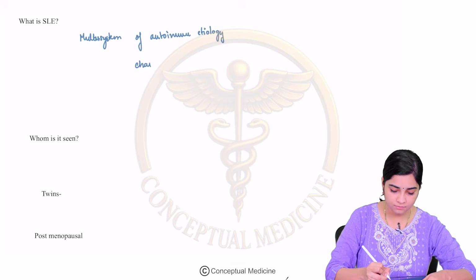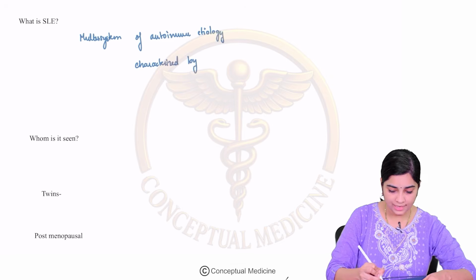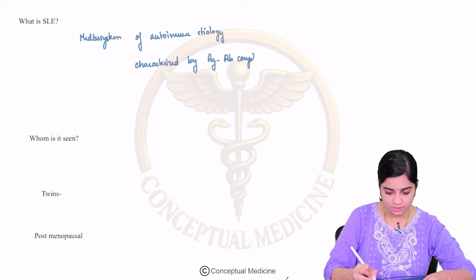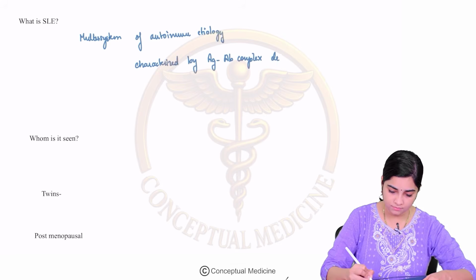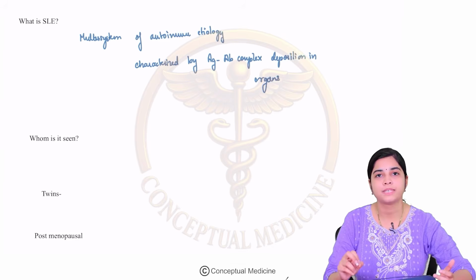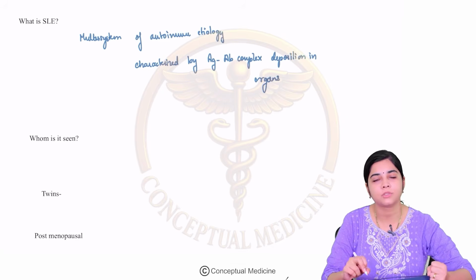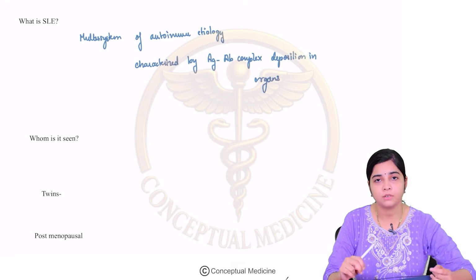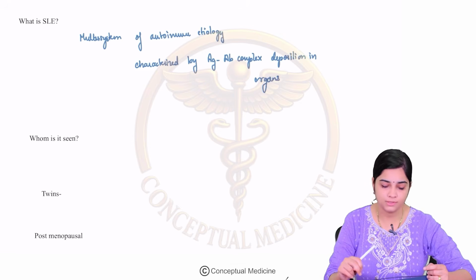Characterized by antigen-antibody complex deposition in various organs. So systemic lupus erythematosus is a multi-system autoimmune disorder characterized by autoimmune antigen-antibody complex deposition in various organs.